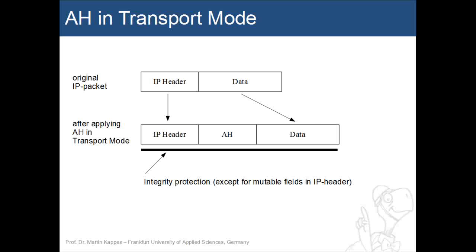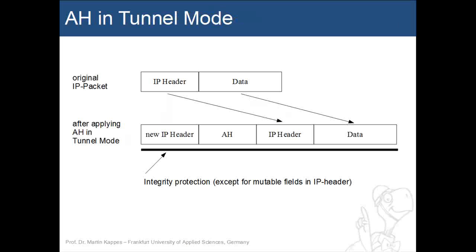If we are using tunnel mode, then something else happens, because basically there is a new IP header, and then we have the authentication header field, and then we have the original IP header, and then the data. So that should be pretty straightforward according to what we discussed before. Again, tunnel mode is what's being used for actually setting up VPNs.